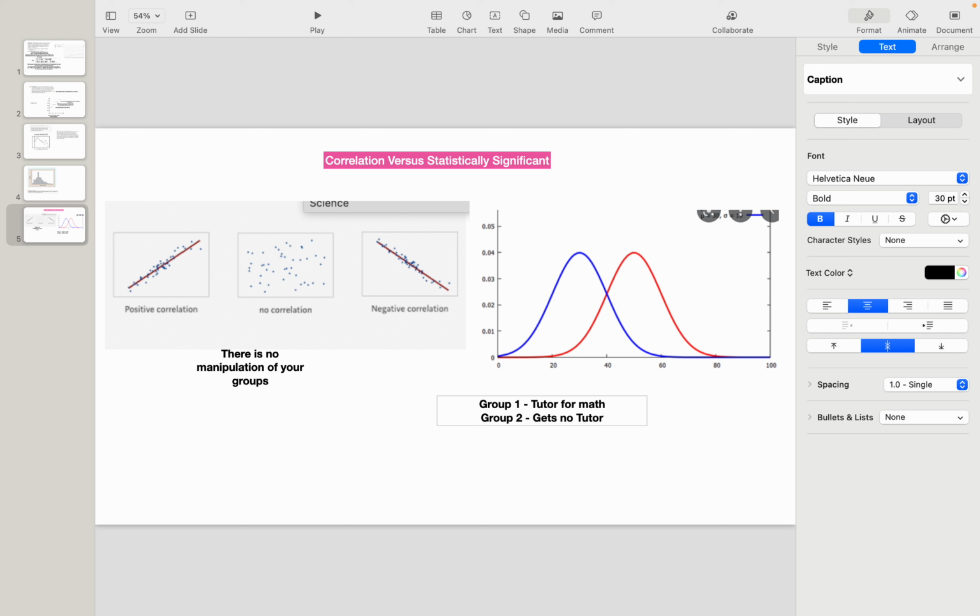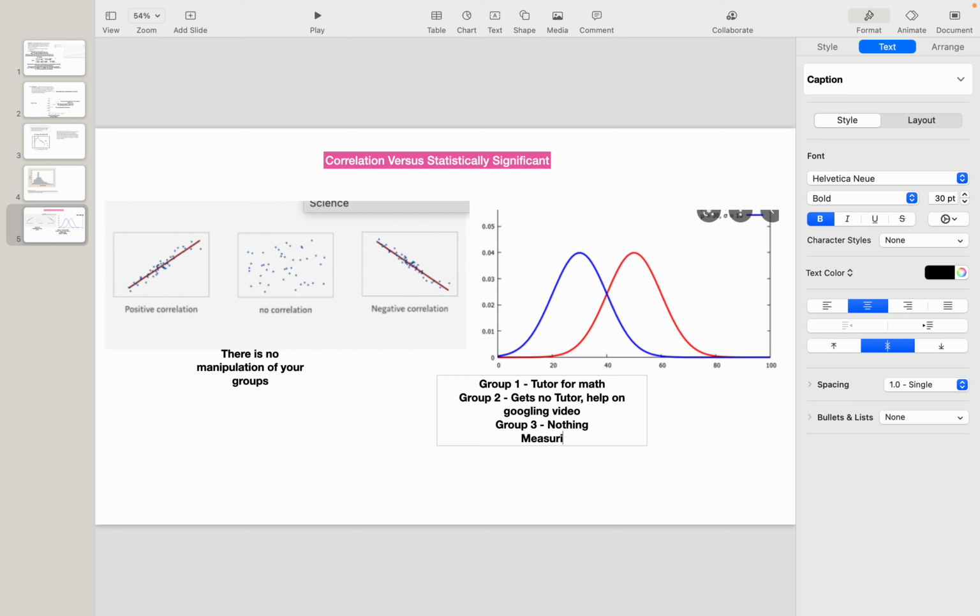Group two gets no tutor, but they're going to get help on Googling videos, although I don't have a third chart here. And group three gets nothing, no additional help. That's my independent variable, how I'm grouping them. My dependent variable is what I'm measuring, and that's what I'm showing on the chart.